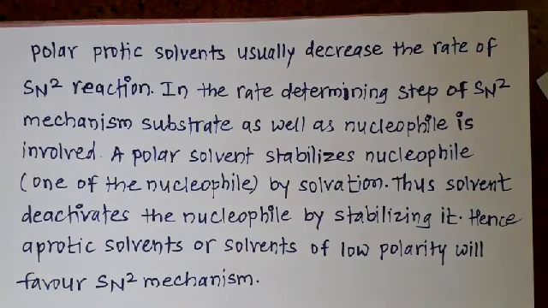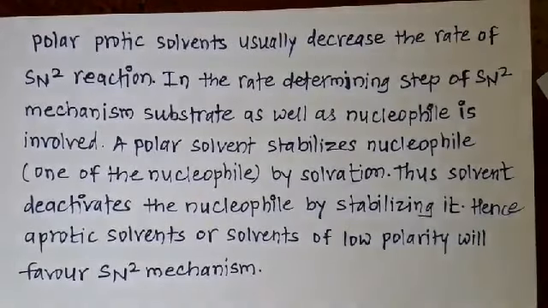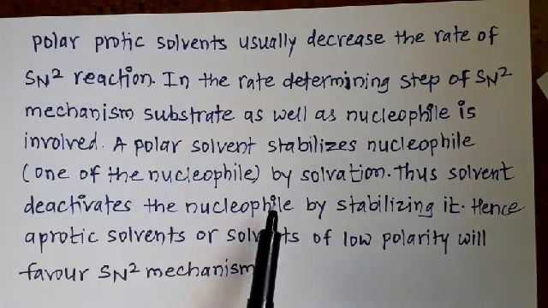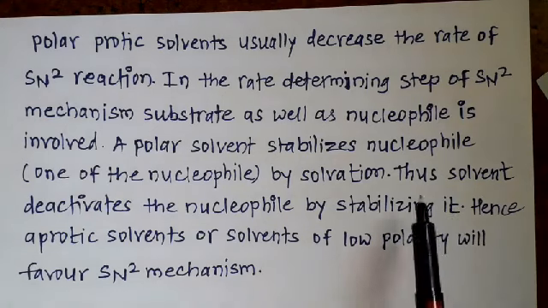But if we use an aprotic solvent during the SN2 reaction mechanism, that should increase the rate of reaction. We know that in the RDS or slow step of the SN2 reaction mechanism, the concentrations of both substrate as well as nucleophile affect the rate of reaction, and a polar solvent stabilizes the nucleophile by the solvation process.